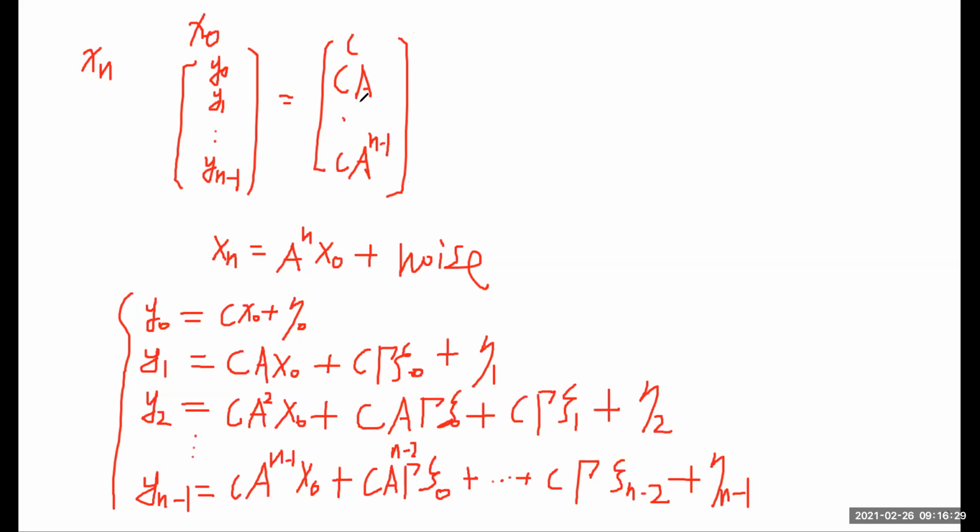This is the observability matrix, times x0. Then again you see other terms, which are all linear terms of the noise. We don't care what the noise is, it's just some noise. Also it's linear, there are no cross terms, no multiplication of any two noises. It's just a linear combination of the noise.